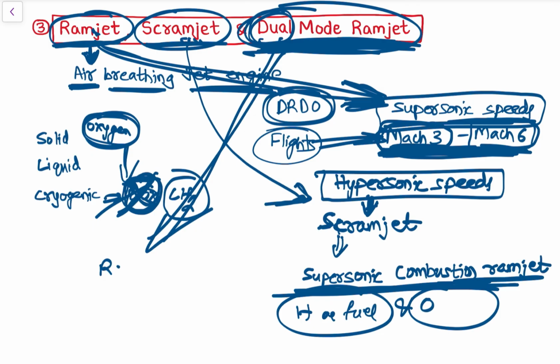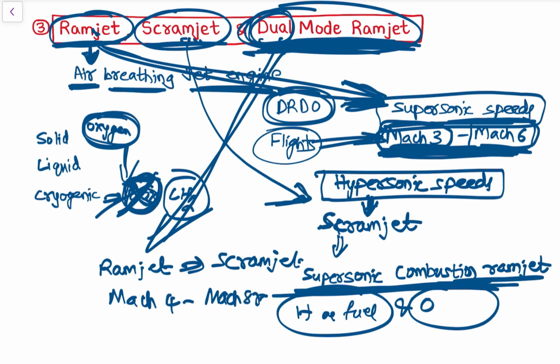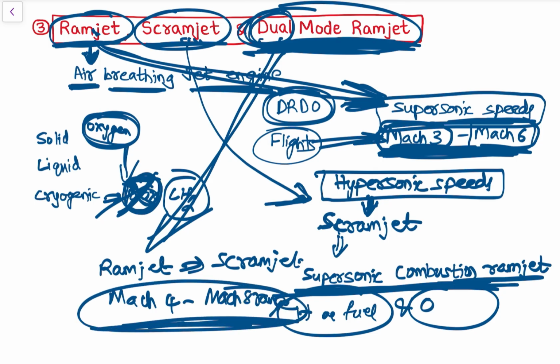So ramjet engine है, right? It transforms into scramjet from Mach 4 to Mach 8 range, right? So that means कोई भी speed है Mach 4 to Mach 8, so इधर Mach 3 to Mach 6 ही limit है, right?